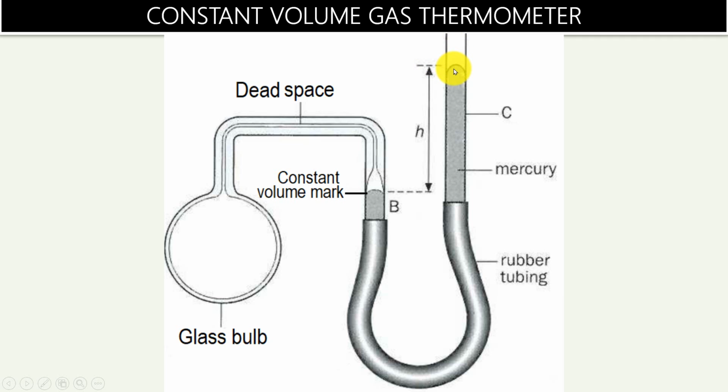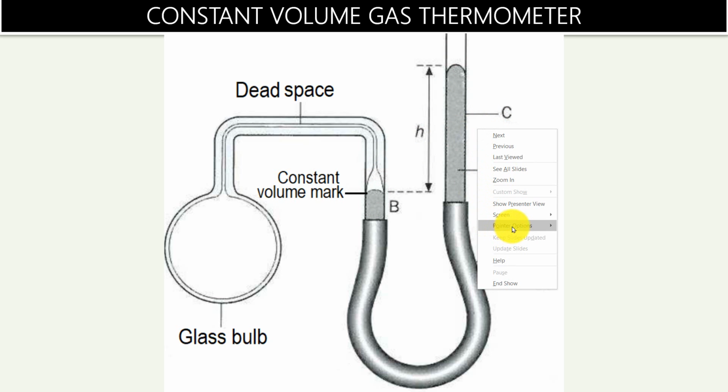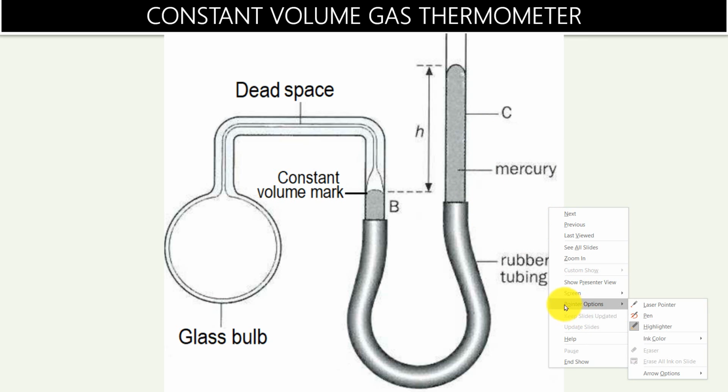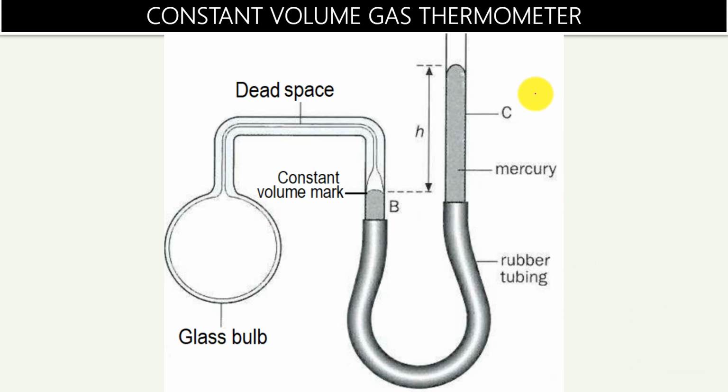So since the gas has pushed the mercury in limb C to have that positive height, the pressure there is going to be simply atmospheric pressure plus that height.